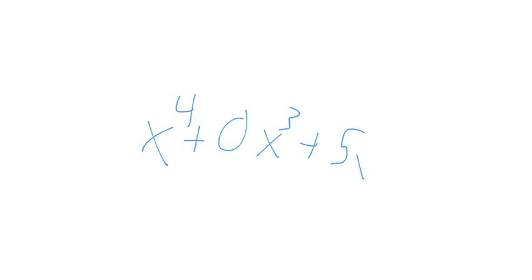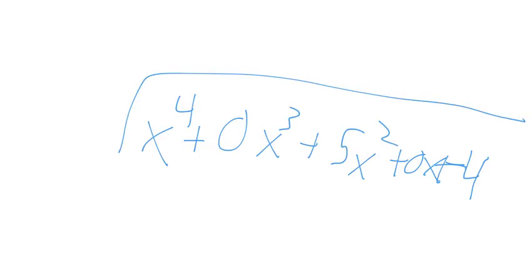So what you can do is take that quartic, x to the fourth, that should be plus 0x to the third plus 5x squared plus 0x plus 4, divided by x squared plus 1.